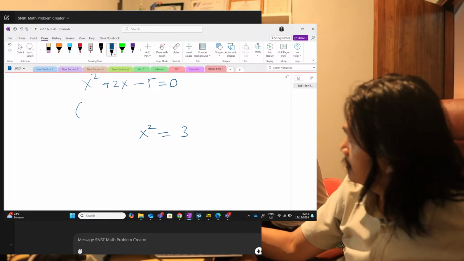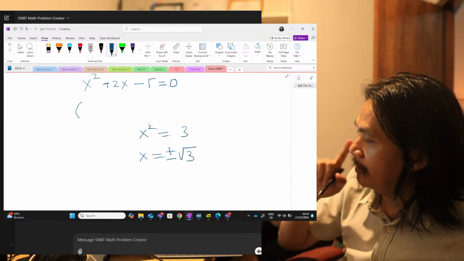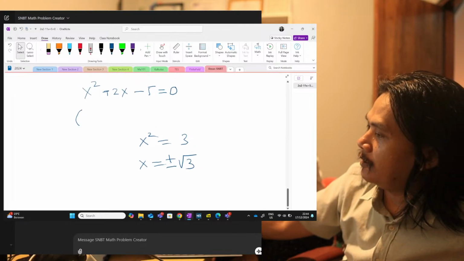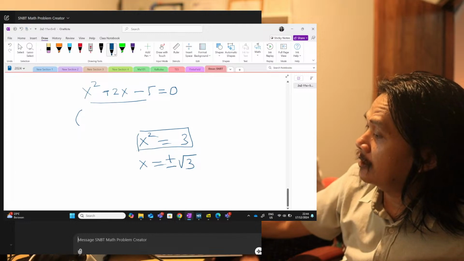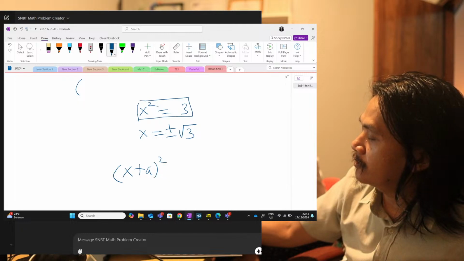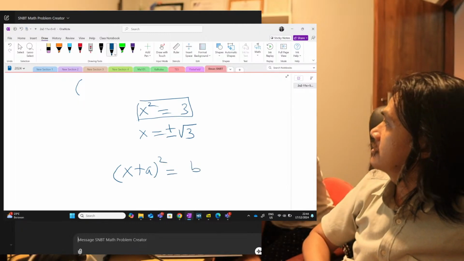Which is a root of 3, plus or minus square root of 3. So the idea is, maybe we cannot always make this into x squared equal to 3, but it is possible if we want to make it into something like this, right?